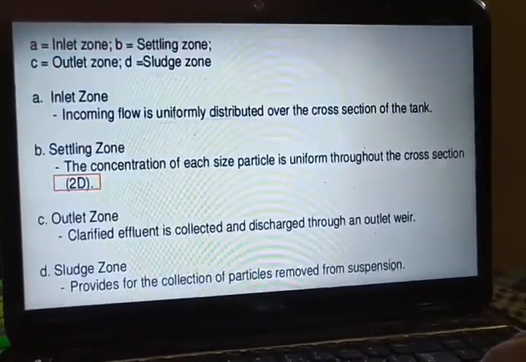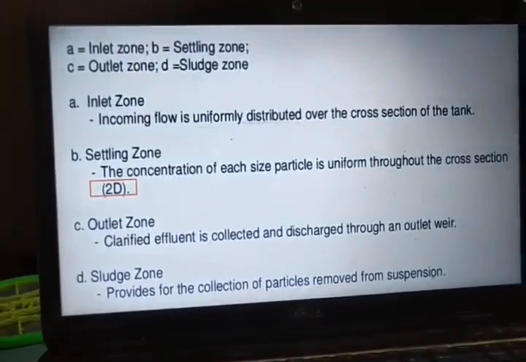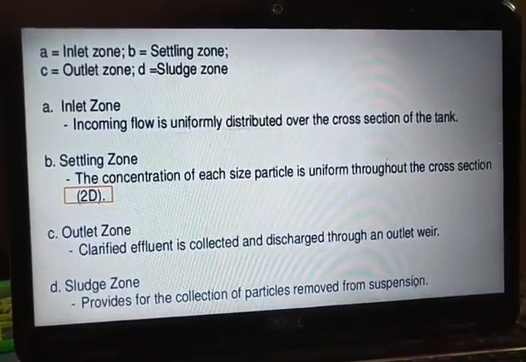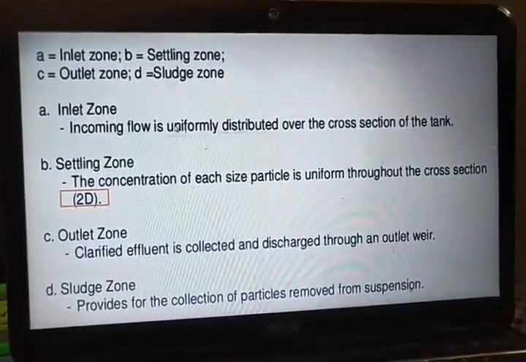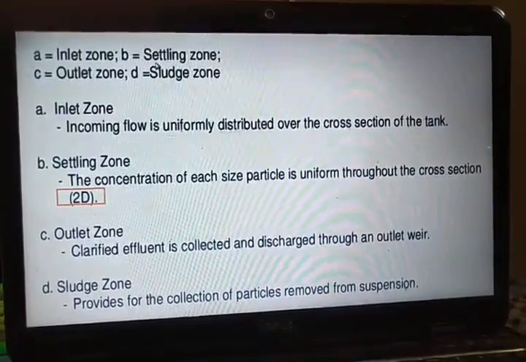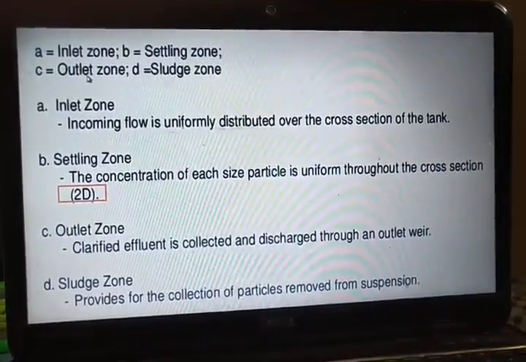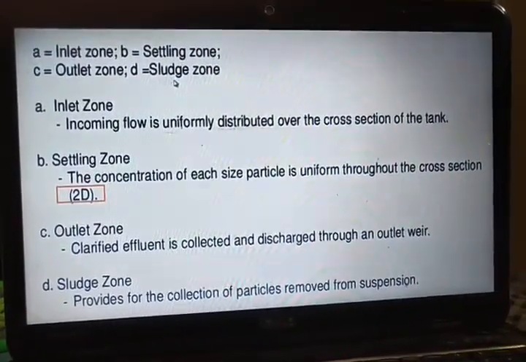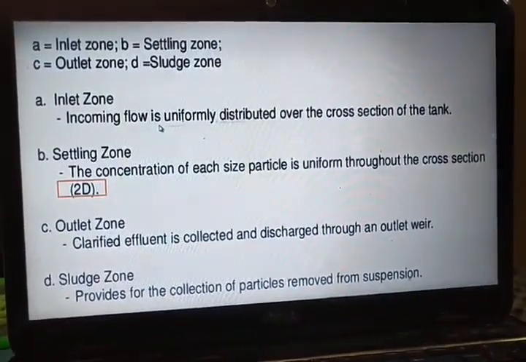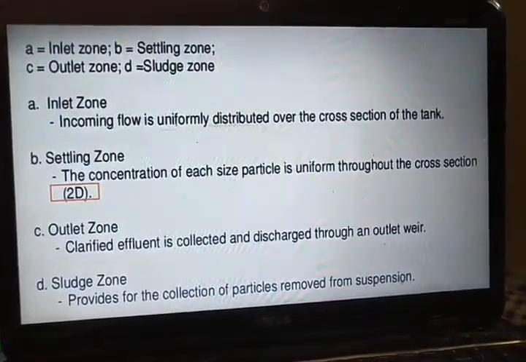Now these are the different zones of a sedimentation tank. It consists of basically 4 zones: first, inlet zone; second, settling zone; third, outlet zone; and last, sludge zone. The inlet zone is where the water is let into the sedimentation tank.